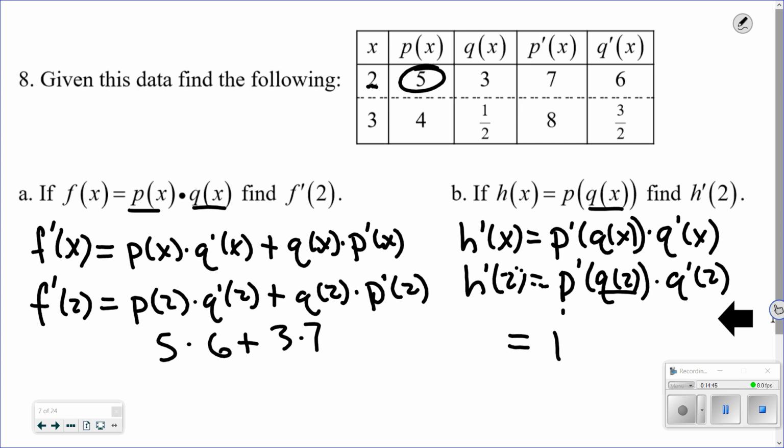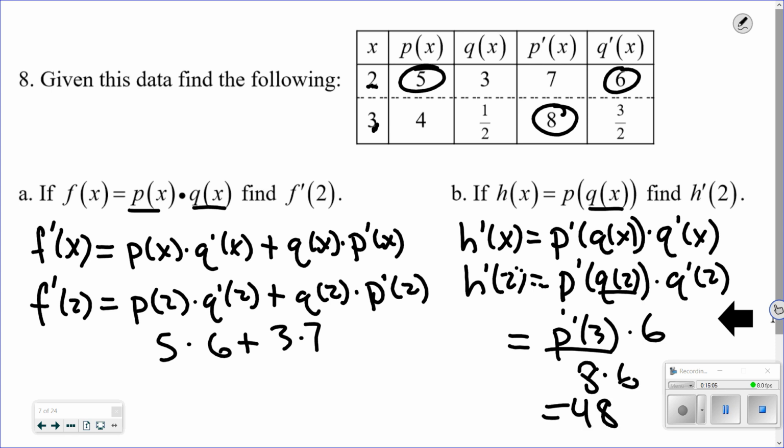So I have p prime of 3 and q prime of 2. It's right there. It's 6. But I still have to take that 3 and plug it into p prime. So if I come down here, I've got to plug 3 into p prime over here. That would be 8. So 48 is our final answer right there.